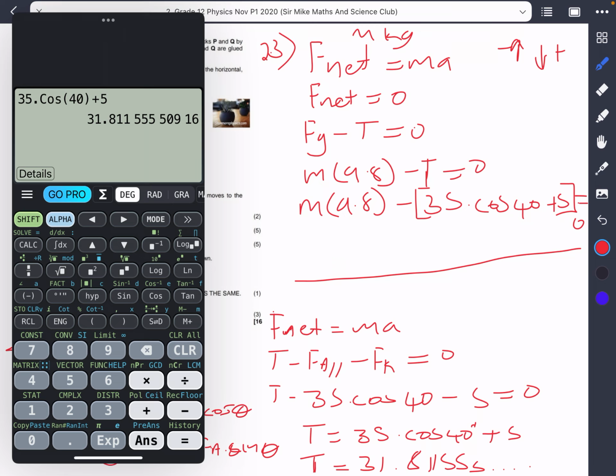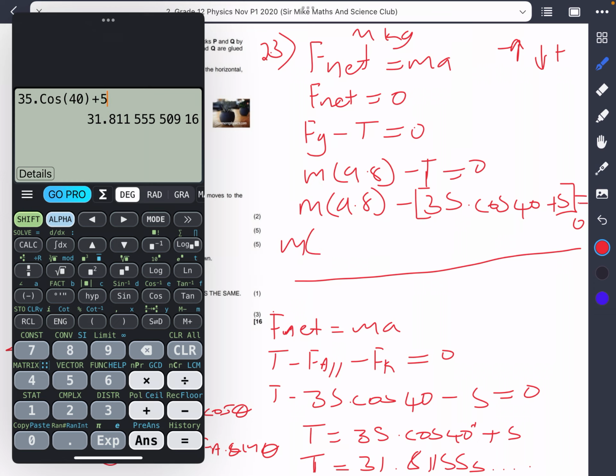I do that so I don't make the mistake of thinking that only the 35 multiplied by cos of 40 is the one that's negative. We know that this whole thing here would be the one that is negative. So I'm going to transpose that negative 35 multiplied by cos 40 plus 5 to the other side.